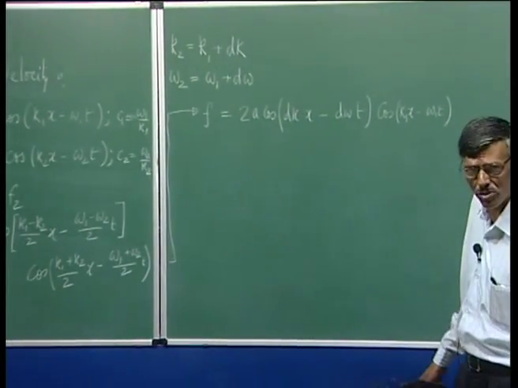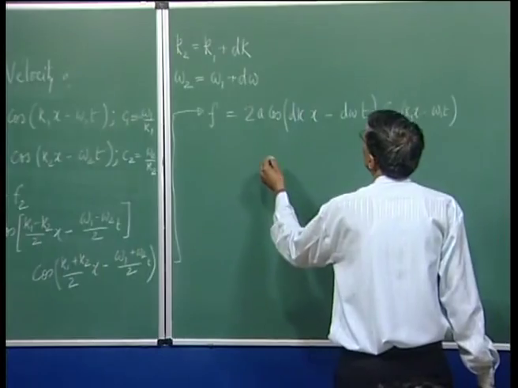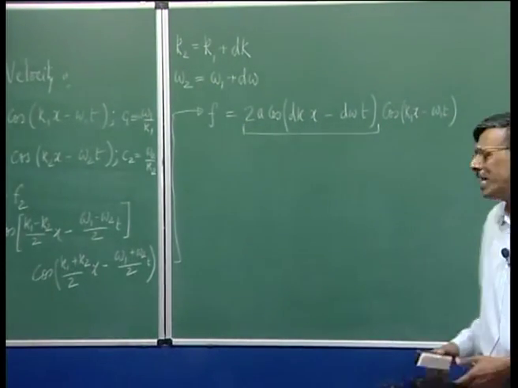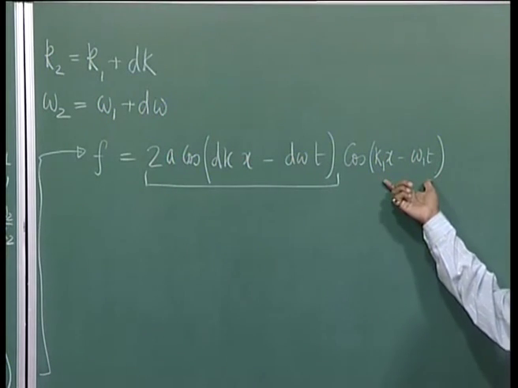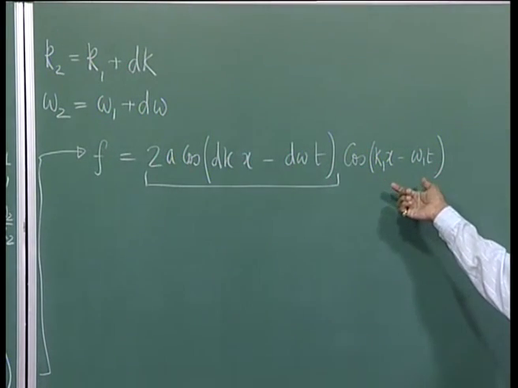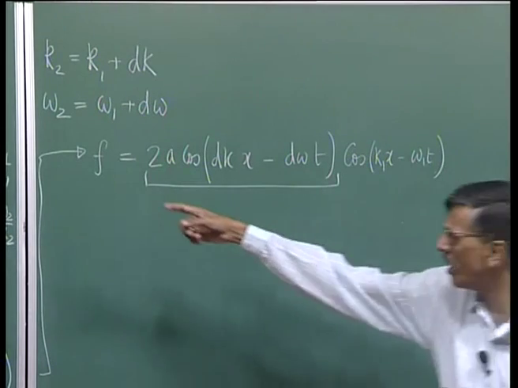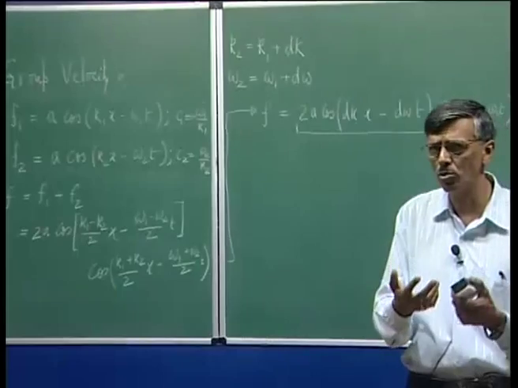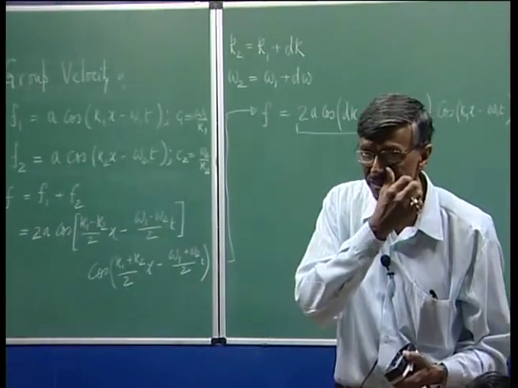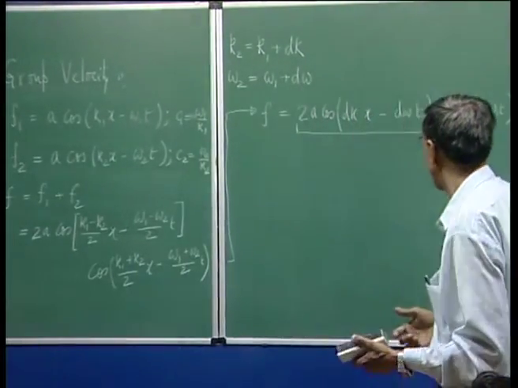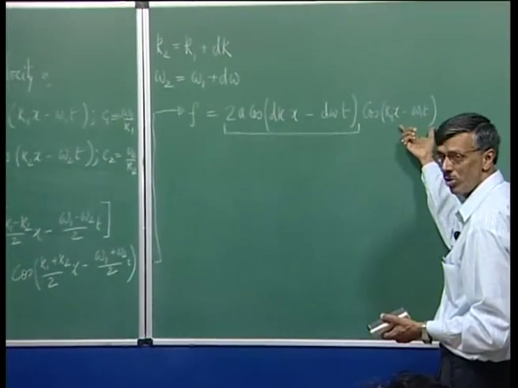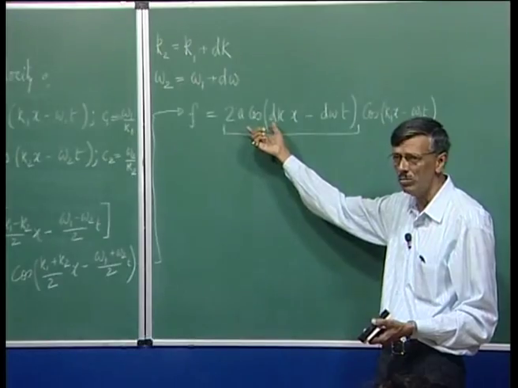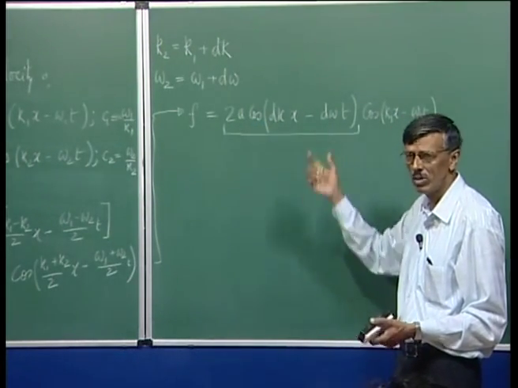So, now what you are noticing is that there is a slow variation that is indicated by this part, and there is the usual variation of your parent constituents. The parents f1 and f2 vary like this. So, what you are seeing is that two neighboring waves, when they are simultaneously present, have a net effect of the usual variation that each constituent has, plus an amplitude which now slowly varies.